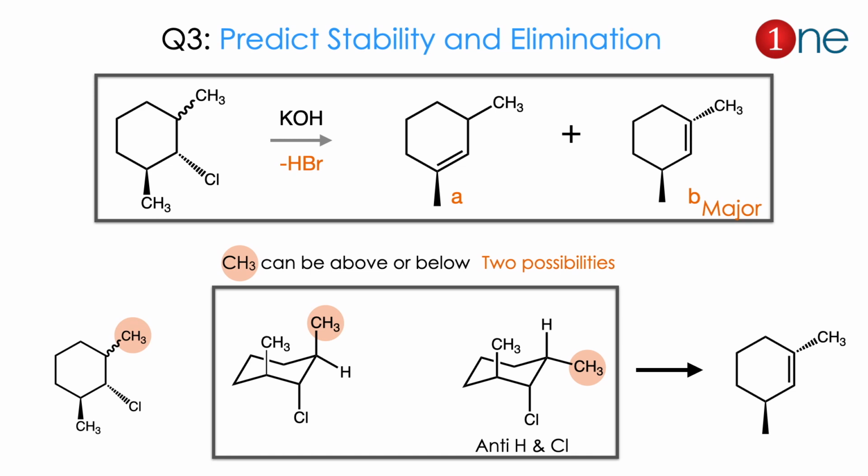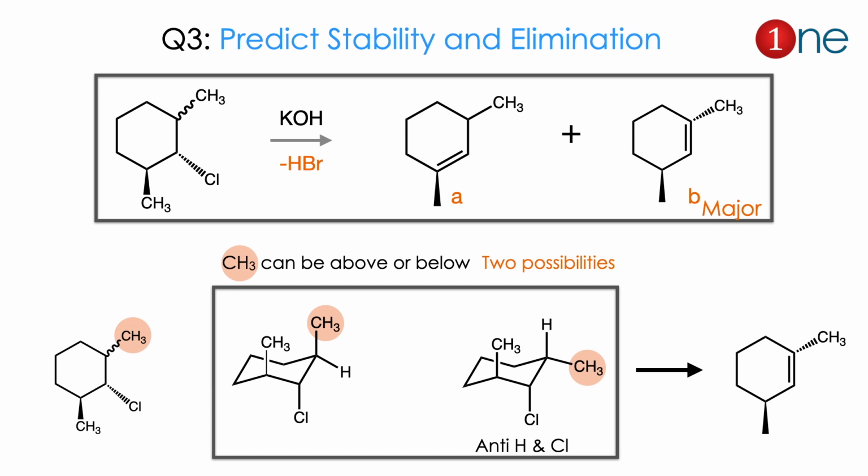Then I gave the example of cyclohexane. Here CH3 is there, Cl is there, and one CH3 is unspecified. So how will you identify which product is which? Here you have to write the cyclohexane chair form, where Cl and the hydrogen are perpendicular, or anti, or trans to each other. So you have to draw accordingly.